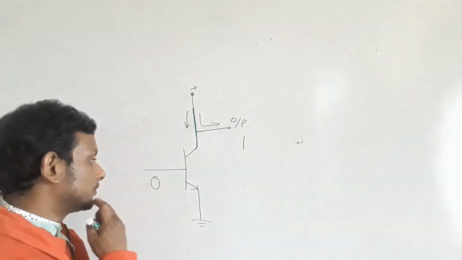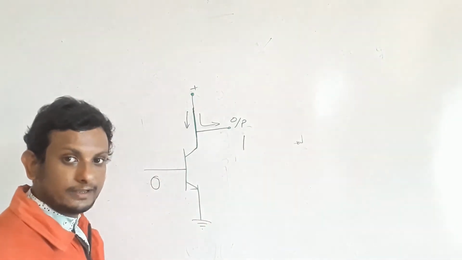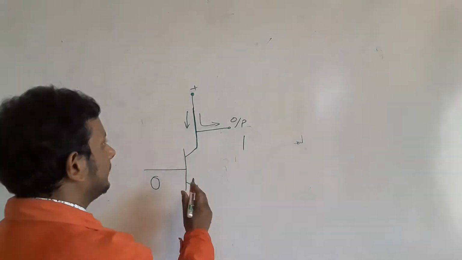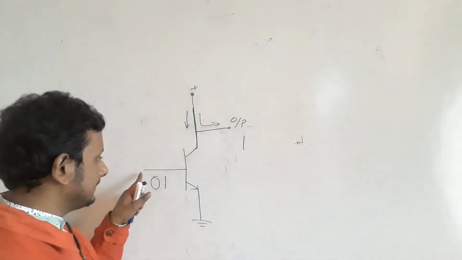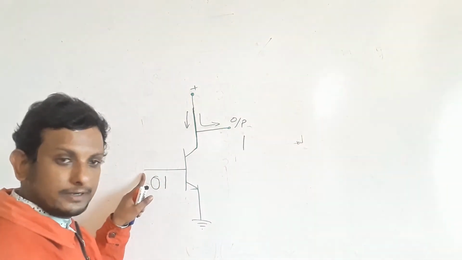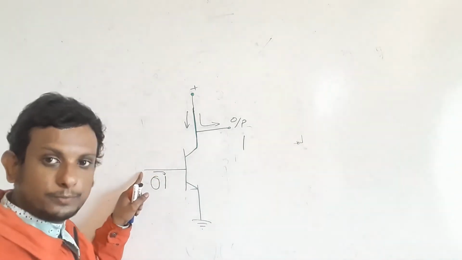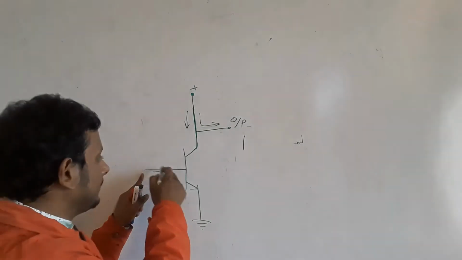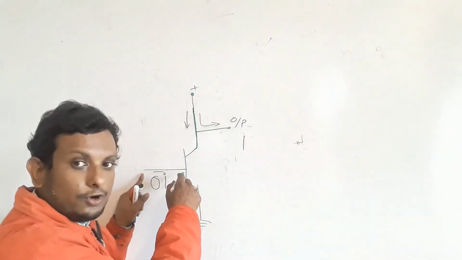So we will get a high at the output terminal. When the input is 0, we get 1 over here. And when we apply, say, 5 volts at the base terminal, which we represent with 1, the switch is on.